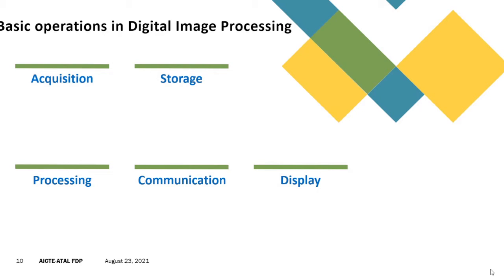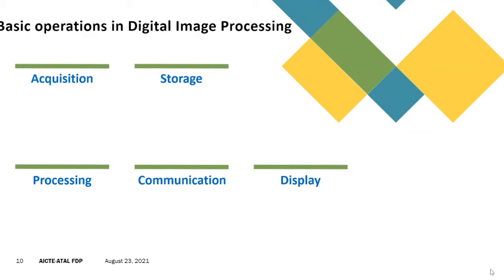If you have to process the image of a flower, first you have to capture it. Capturing may be done via camera, via phone, or you can scan a document. So the first required operation is acquisition. Acquisition is acquiring something which is to be processed.